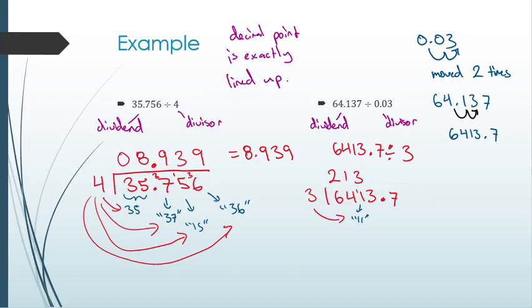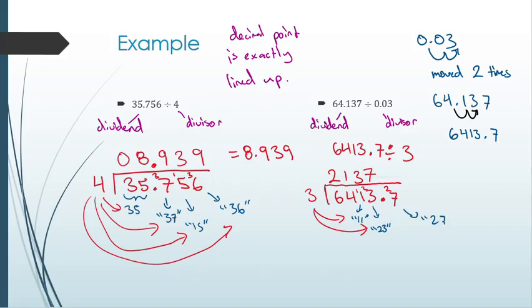2 remainder. How many 3's going to 23? How many 3's going to 23? It is exactly 7 times with a 2 remainder.